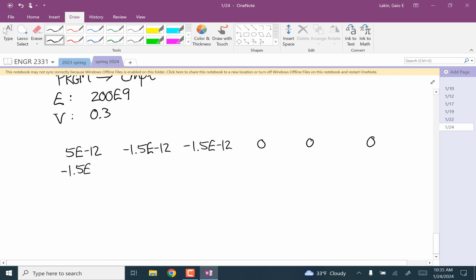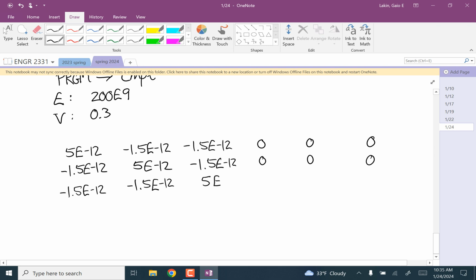Then minus 1.5, 5, minus 1.5, 0, 0, 0. Then minus 1.5, minus 1.5, 5. And then 1.3 times 10 to the minus 11.